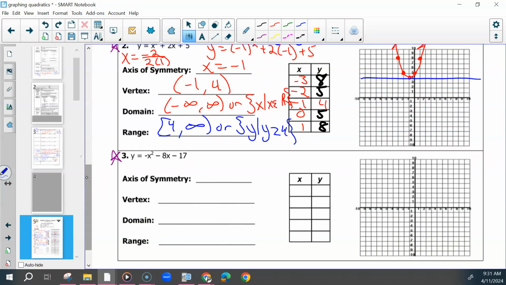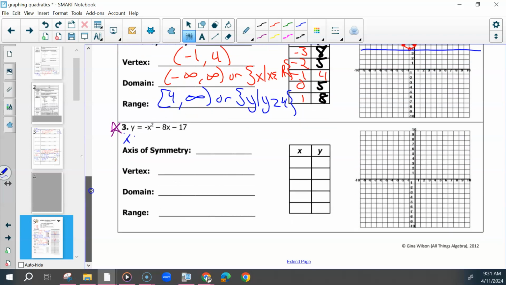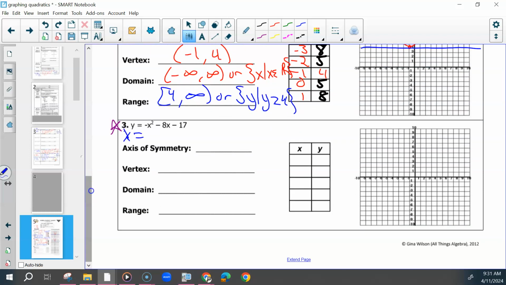Okay, let's do another one. So let's find our axis of symmetry here. How would I set that up?